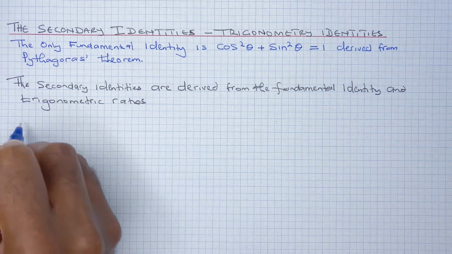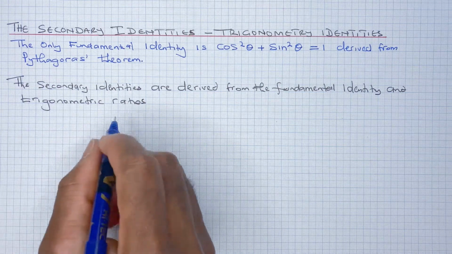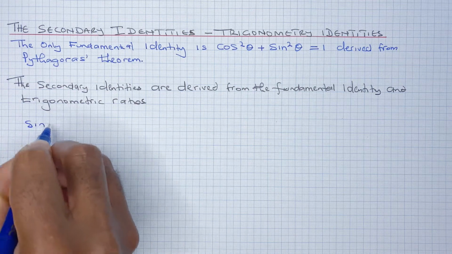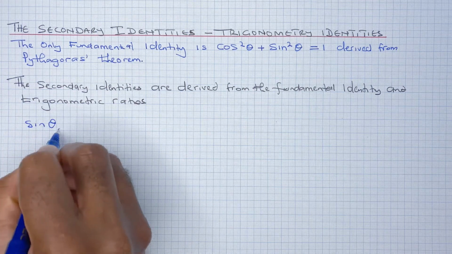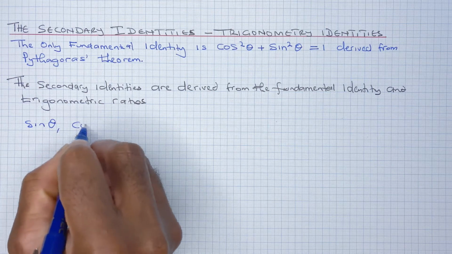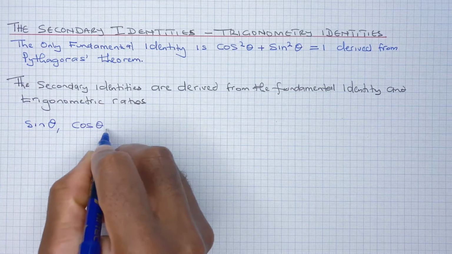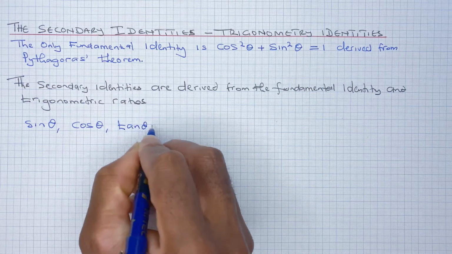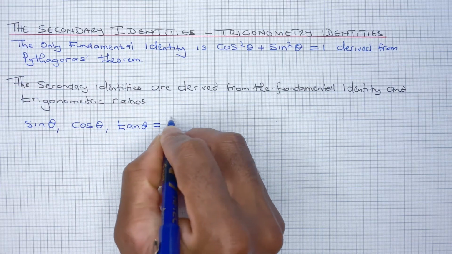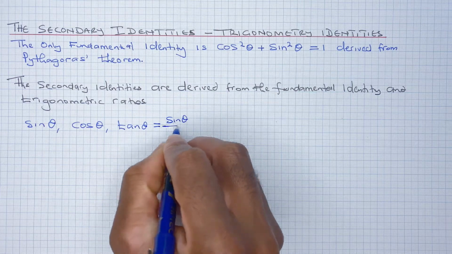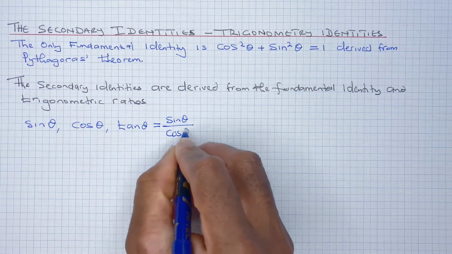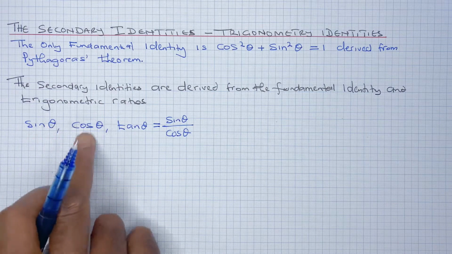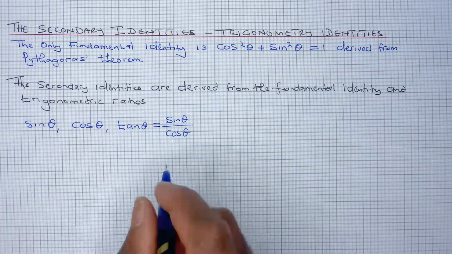So one of the trig ratios is sine theta, and the other one is cos theta, and then another one is tan theta, which is sine theta over cos theta. So if you divide that by that, you get tan theta.